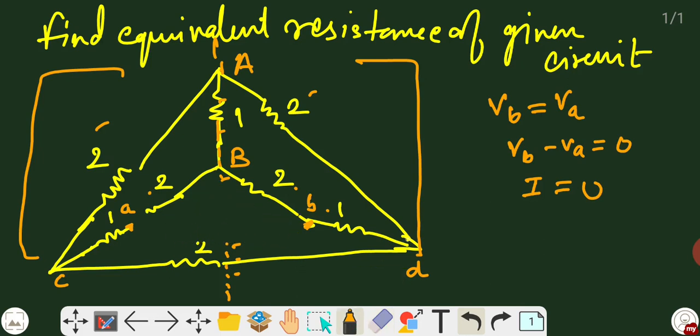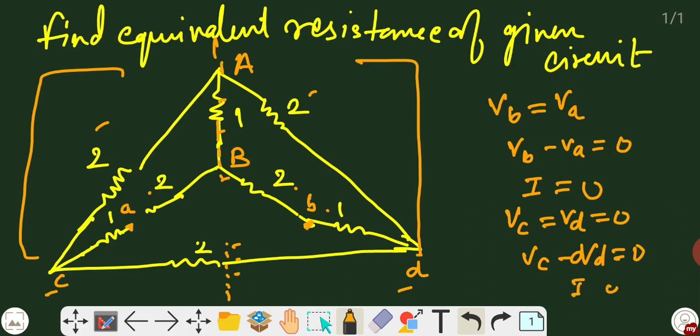Similarly, when you fold, you will observe that at C and D both potentials are the same. It means VC is equal to VD, the potential difference is 0, and I is again 0. So we remove this portion again. Now you are left with this portion.